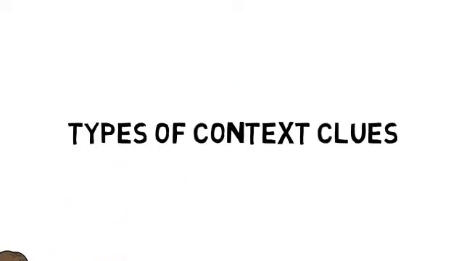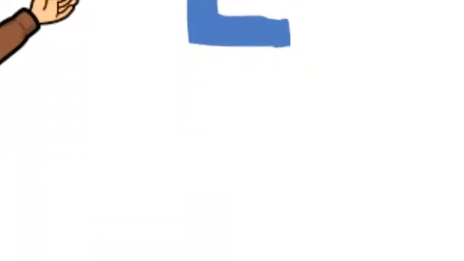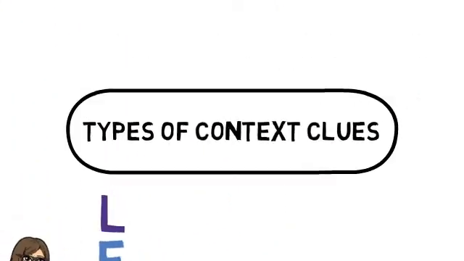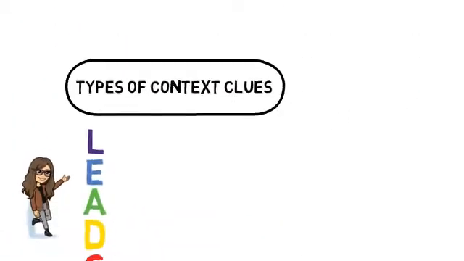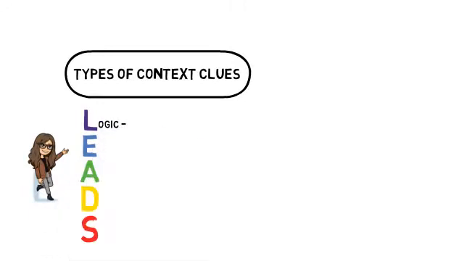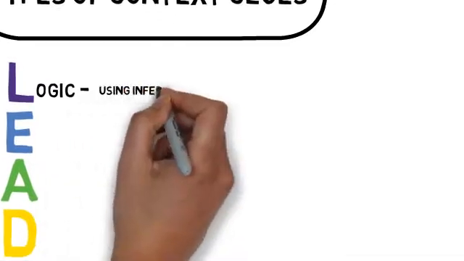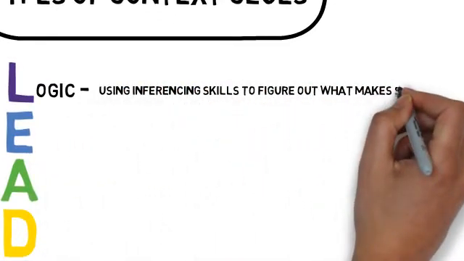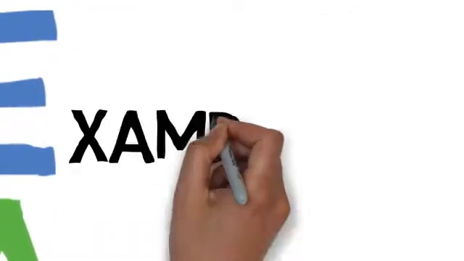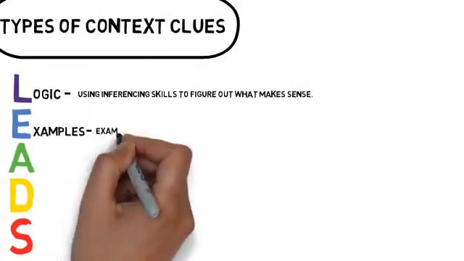Let's look at the types of context clues that are available for us. There are many different ways that we can find clues within our reading to find meaning to an unfamiliar word. I have here the mnemonic LEADS to help you remember the types of context clues. The first one is logic. It's using inferencing skills to figure out what makes sense. Then we have E, which stands for examples.